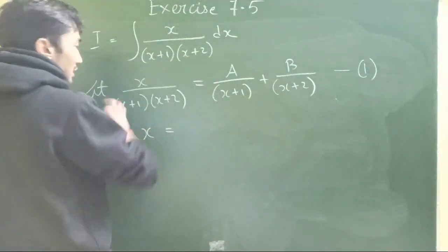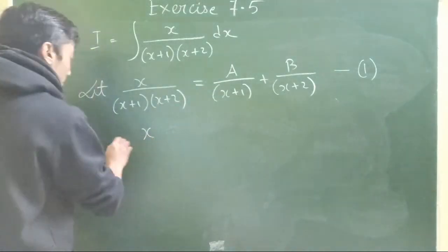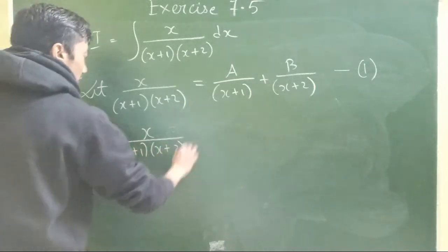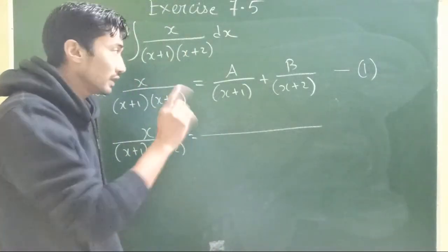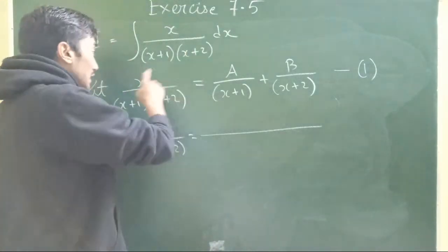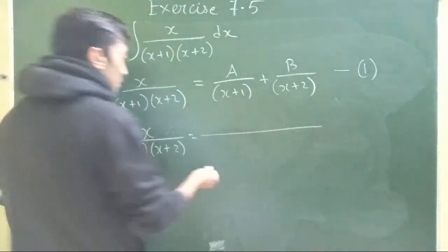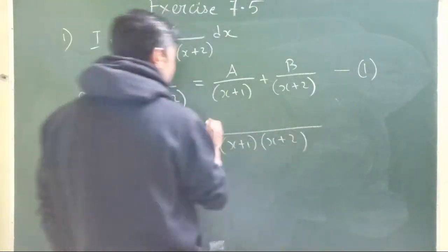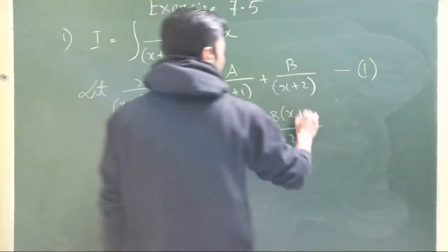So common LCM, I hope you can get that point. Let me just solve and show it to you. Here I'll take the LCM, and solve. My job now is to focus on finding a and b. So common LCM is (x plus 1)(x plus 2), a into (x plus 2) plus b into (x plus 1).